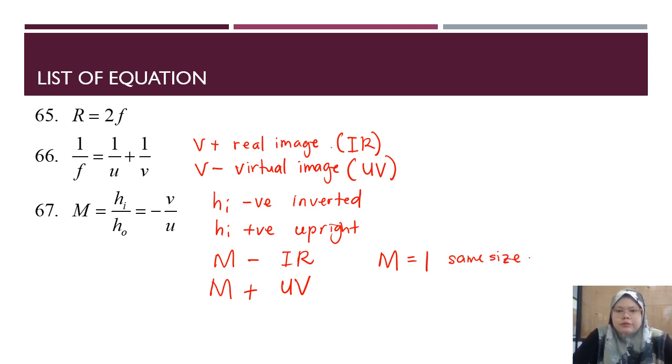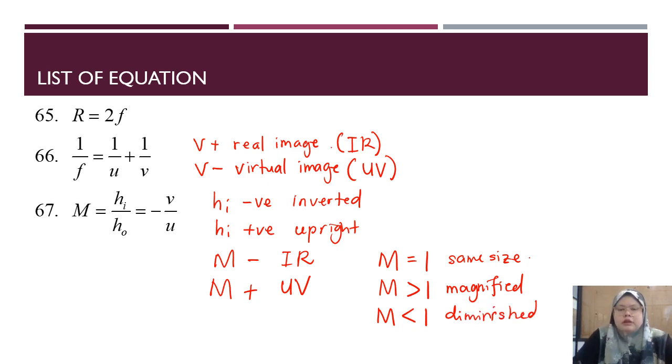Okay, and then when the magnification is more than 1, so meaning that the image is magnified. And then when the magnification is less than 1, maksudnya image tu diminish.